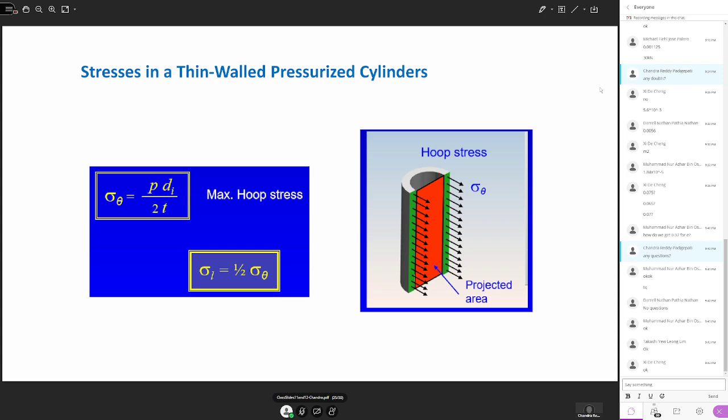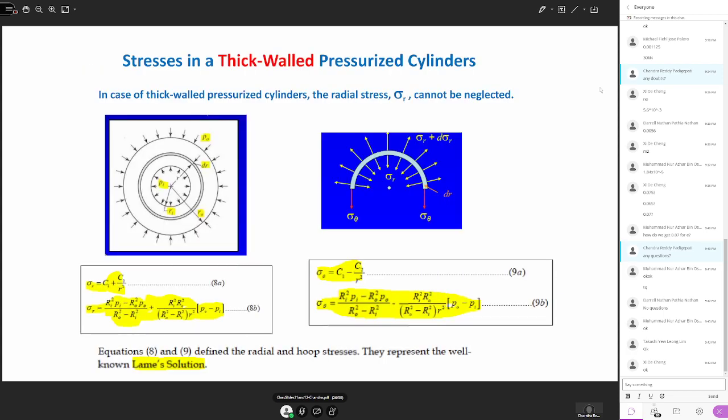So this is the hoop stress. The longitudinal stress will be half of the hoop stress. This is about thin wall cylinders. Now we'll be moving on to thick wall cylinders.